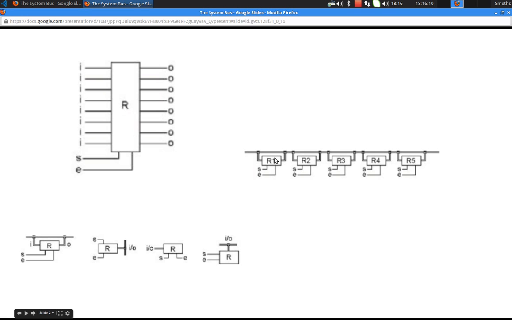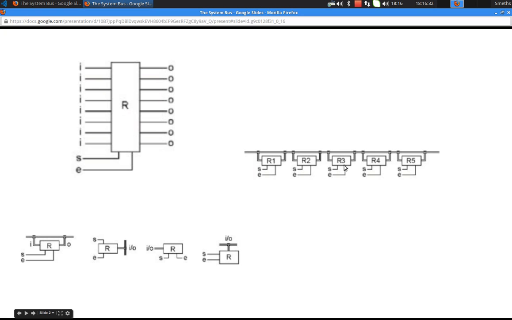After I put the enable of R1 on, so that everything on the bus is effectively just the contents of R1, I want to turn the set of R3 on, and then the R1 data will just go to R3. I would then turn the set off, and I would turn the enable off here, and then the data from R1 will have gone to R3.